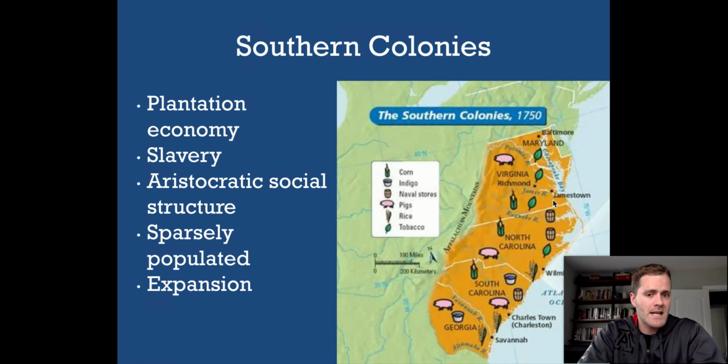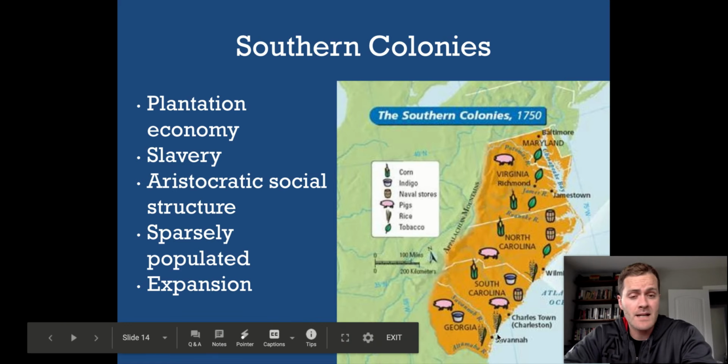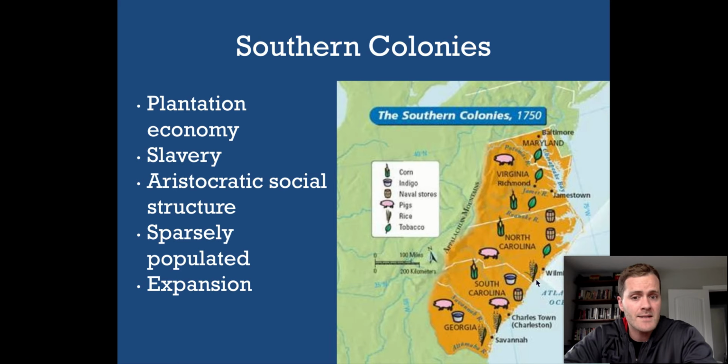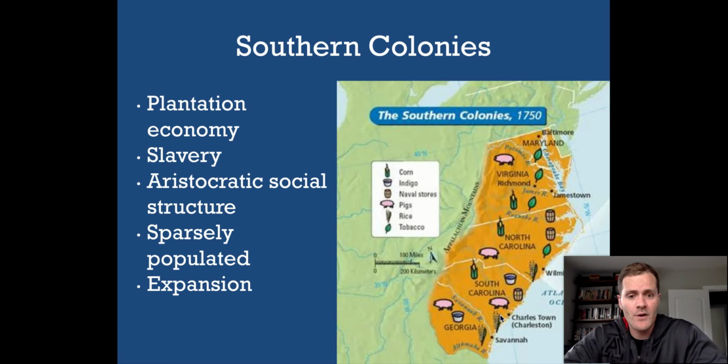So in these plantation economies, the crops may differ. The Chesapeake is going to be heavily reliant on tobacco. The deeper south, South Carolina and the Georgia coast and the southern part of North Carolina, are going to be heavily reliant on rice. We're going to see other areas heavily reliant on indigo and corn in inland South and North Carolina.